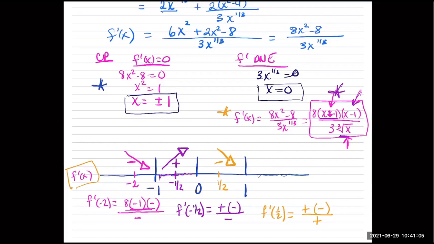Then we have the interval to the right of 1. So again, I'm just going to pick 2. So on top, 2 plus 1 is positive, 2 minus 1 is positive, the cube root of 2 is positive. So that means the whole derivative will be positive. And if the derivative is positive, that means my function is increasing.